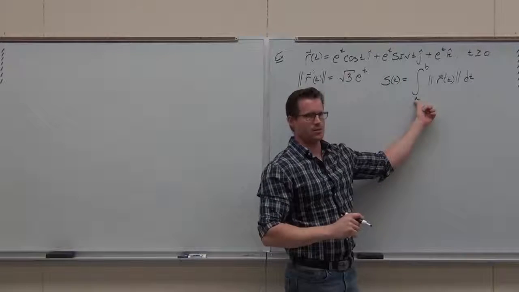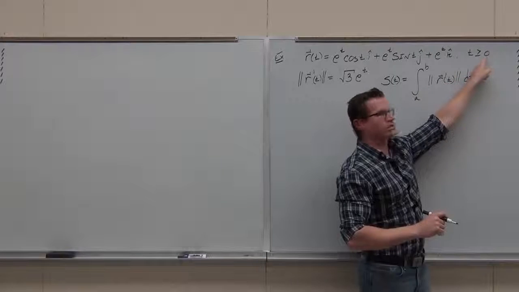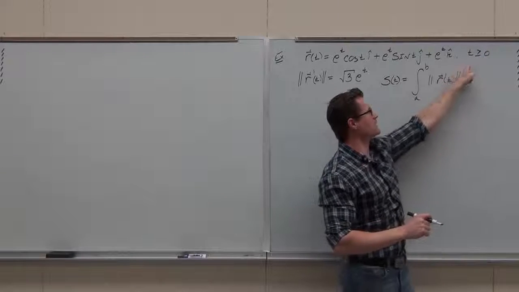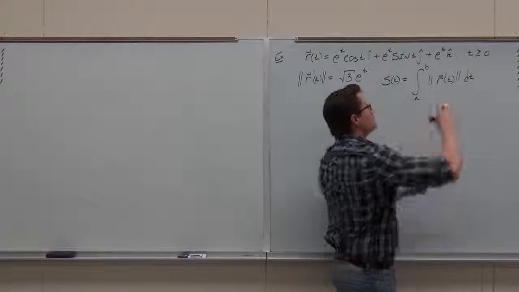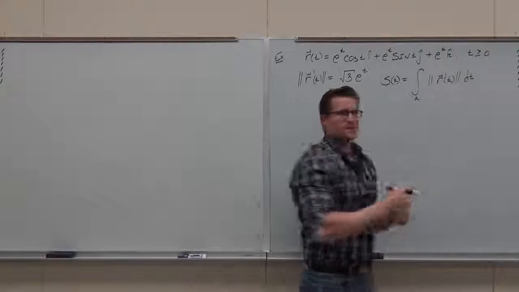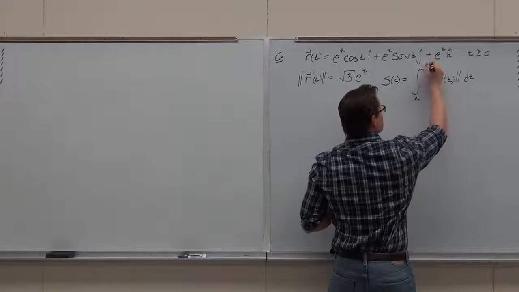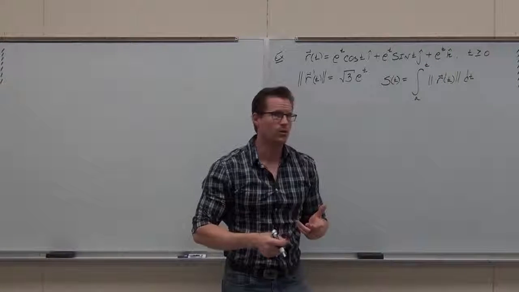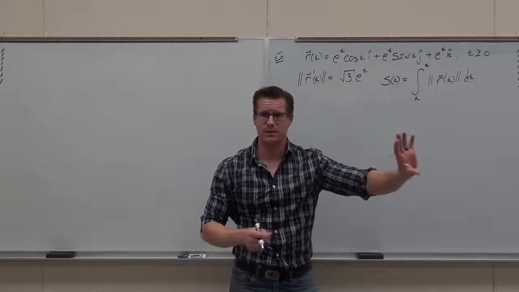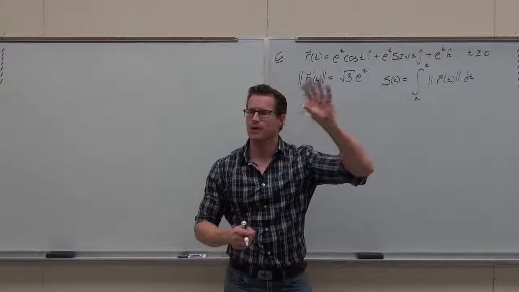This doesn't change. This is still where you start, which in our case is 0. But this changes. Now I'm not stopping at b. In fact, I'm not stopping at all. I'm going for all t. So we have a starting spot, but we don't have an ending spot.